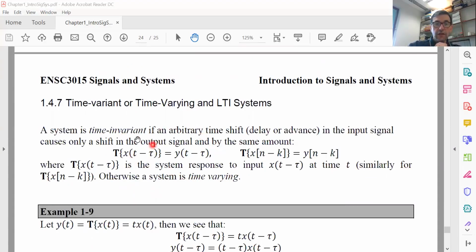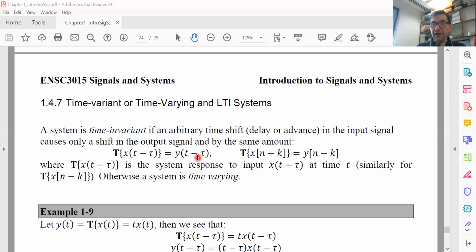In other words, the system response for a shifted version of the input is the same as the response of the system to that input also shifted. So you work out the response of the system to this input at t equals 0, and then you take that same input and shift it to another time, and you simply take that same response of the system at t equals 0 and shift it by the same time.